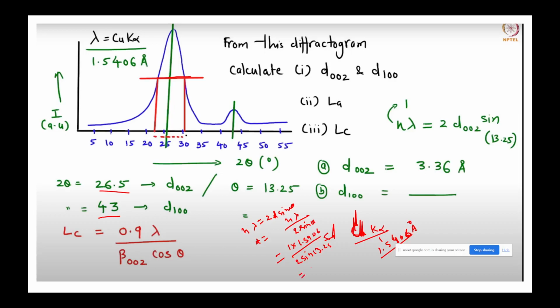How much will it come? It will be 3.36 angstrom. So this is your d002.